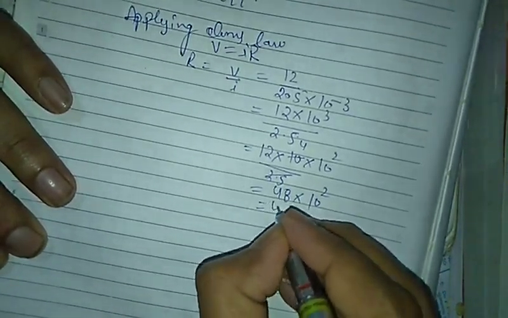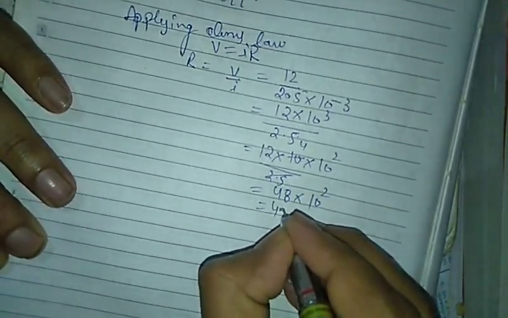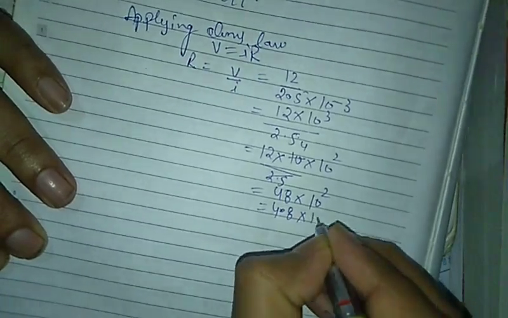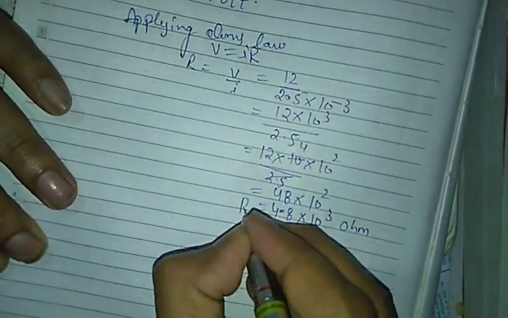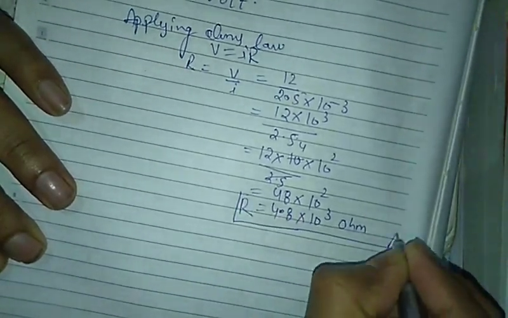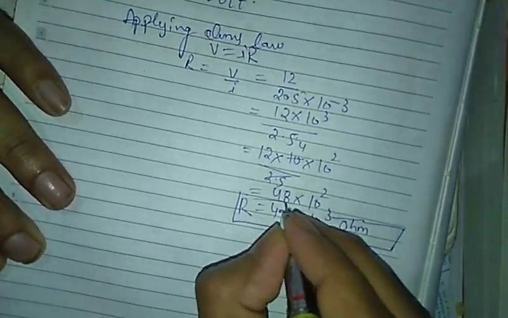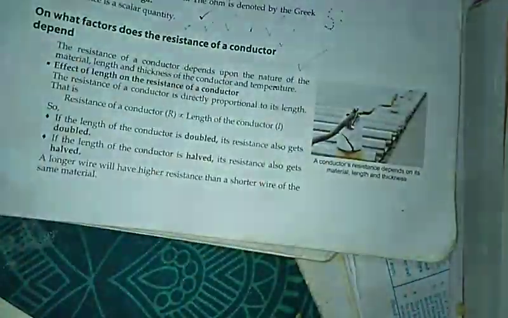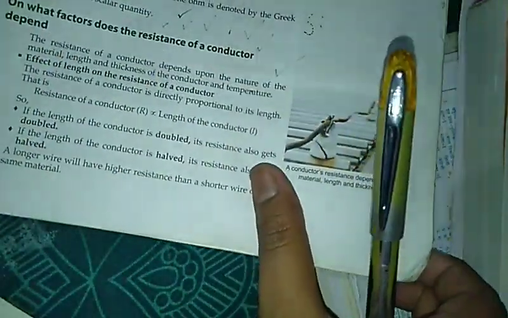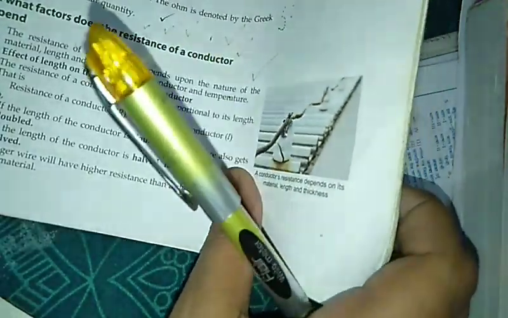We can also write this as 4.8 into 10 power 3 ohm. So this is the required value.